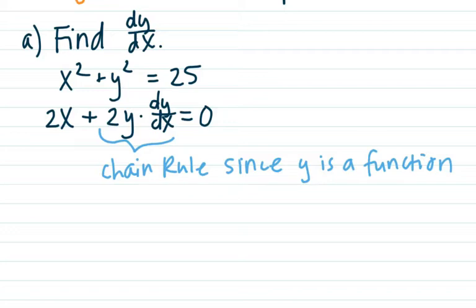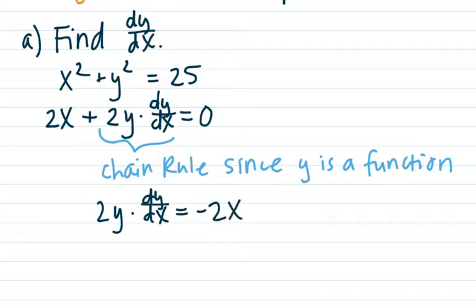Okay, so again, we're trying to solve for the derivative of y with respect to x, so we need to get this term by itself. So the first thing we need to undo is this plus 2x. So I'm going to have 2y times the derivative of y with respect to x equals negative 2x. Just subtracted that over.